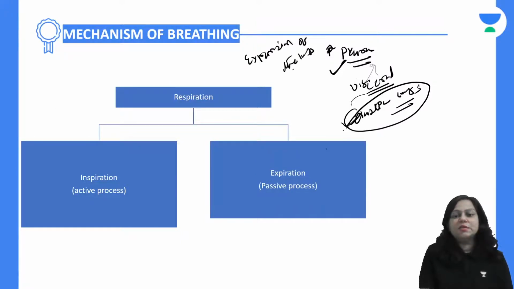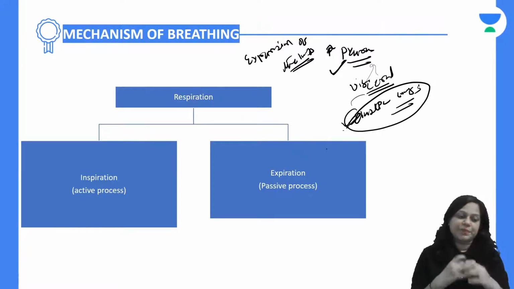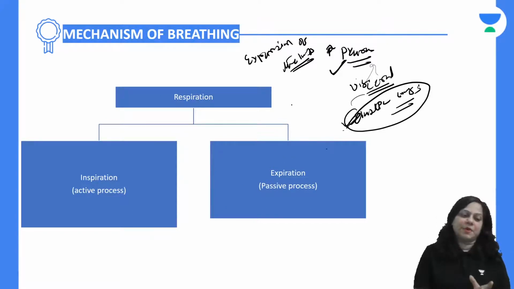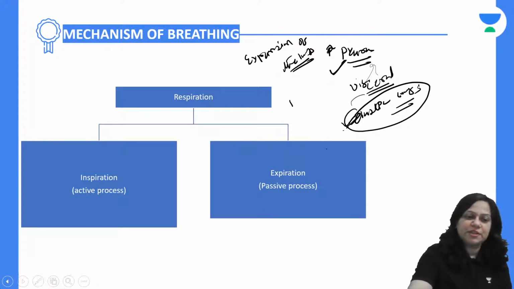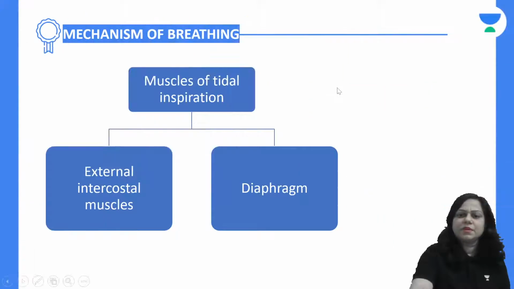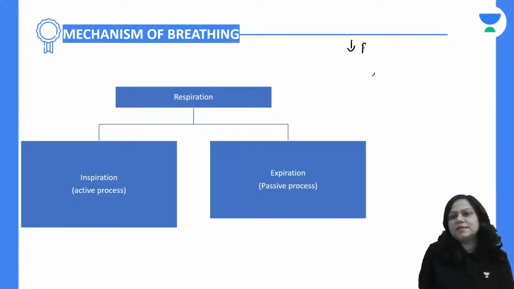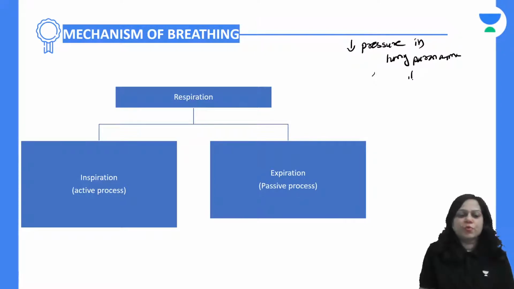Expansion of the lungs will cause a decrease in the pressure in the lung parenchyma. So what will it cause?